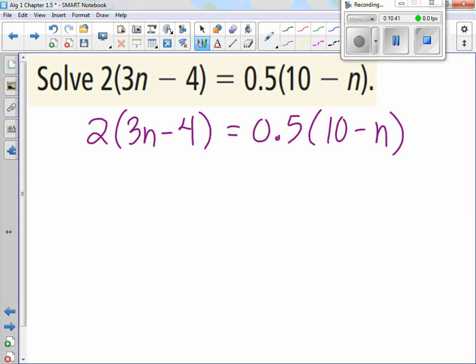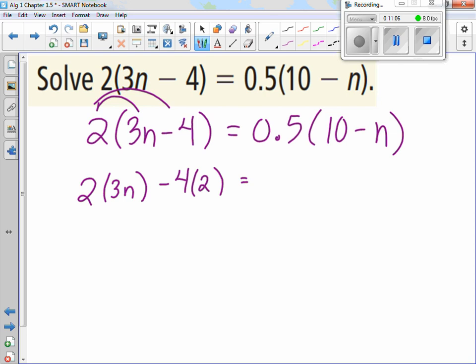Well, the set of parentheses tell me I need to distribute the 2 through. So distributing means I multiply. I'm going to have 2 times 3n minus 4 times 2, because we've got to distribute that through.